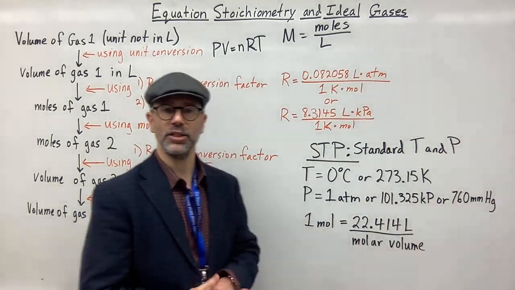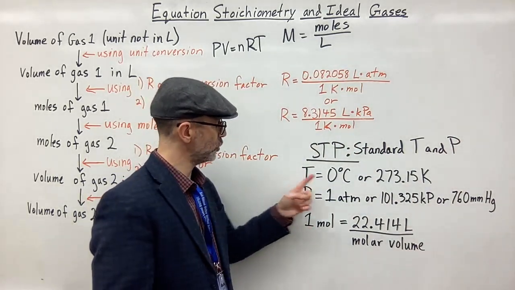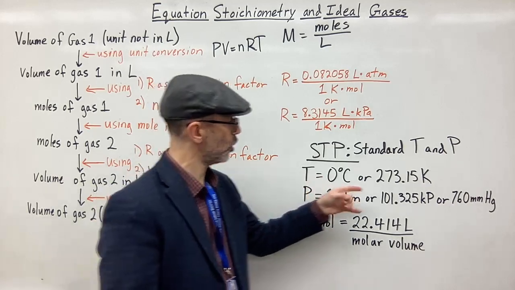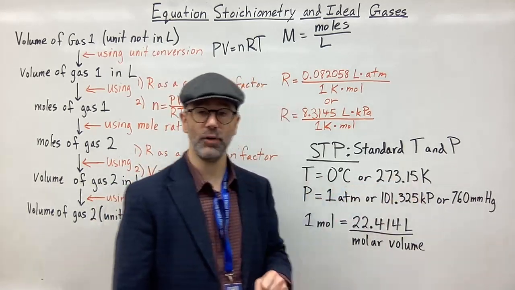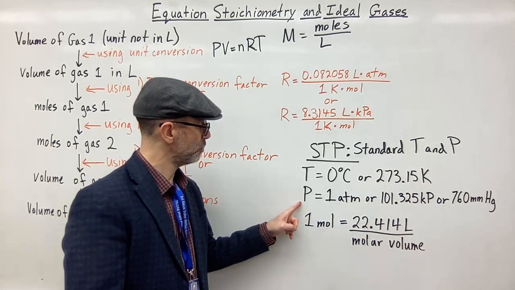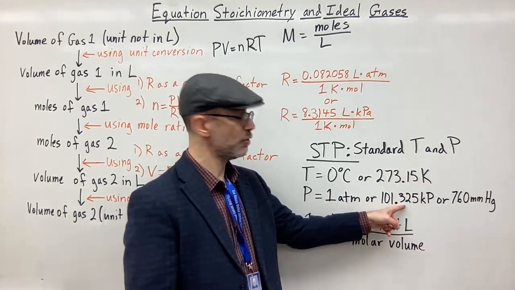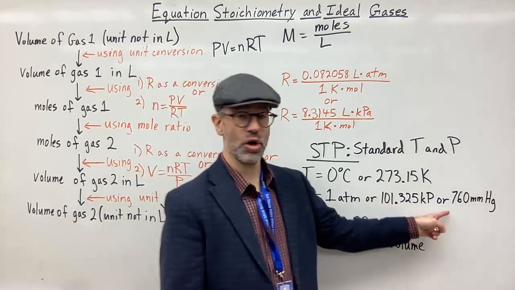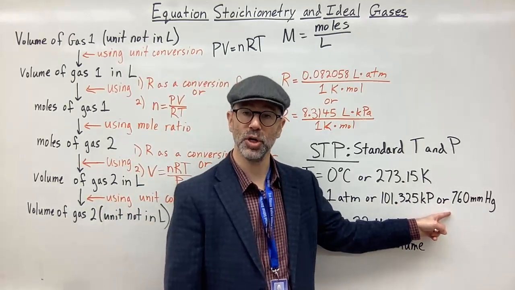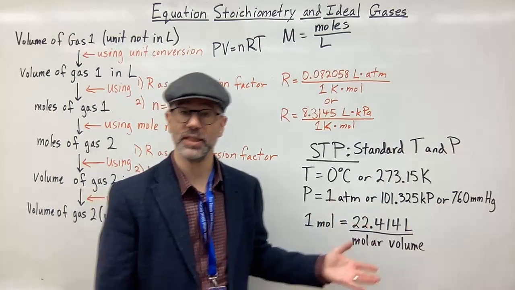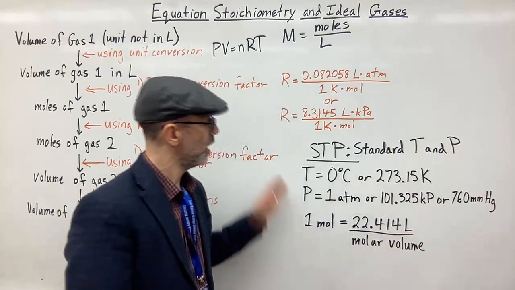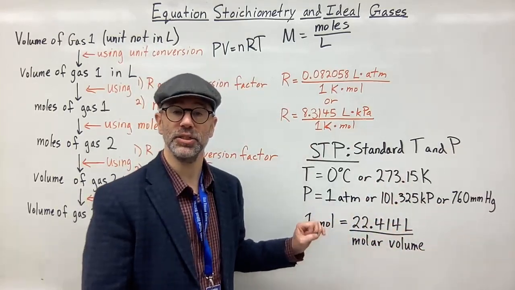So what is standard temperature and pressure? Standard temperature is 0 degrees Celsius or 273.15 Kelvin. And standard pressure is 1 atmosphere or 101.325 kilopascals or 760 millimeters of mercury or 760 torr. So this is standard conditions.